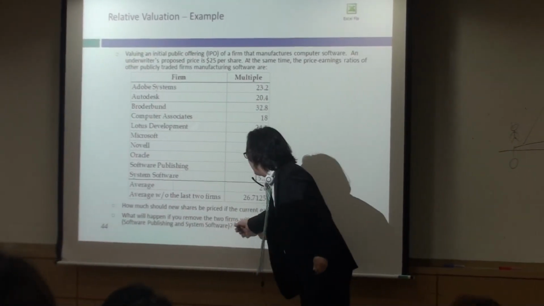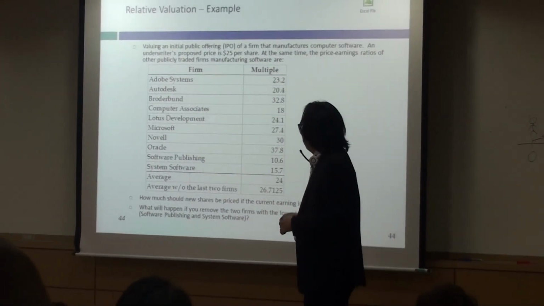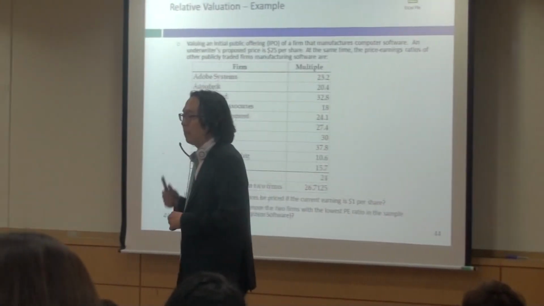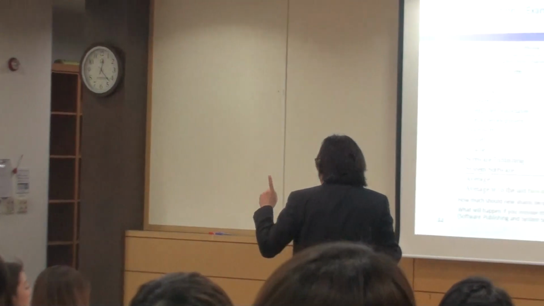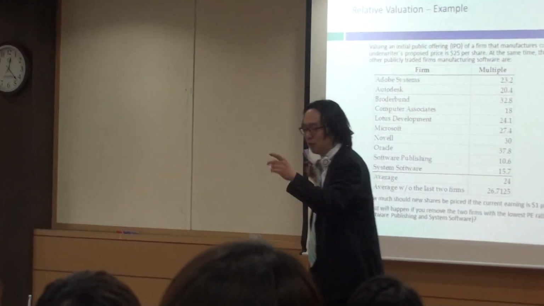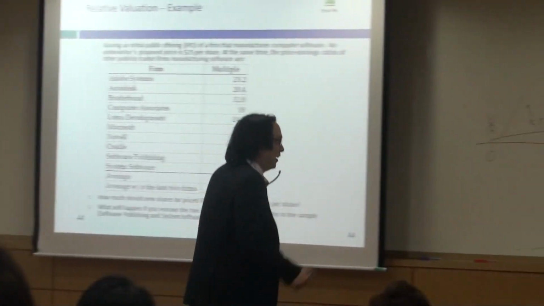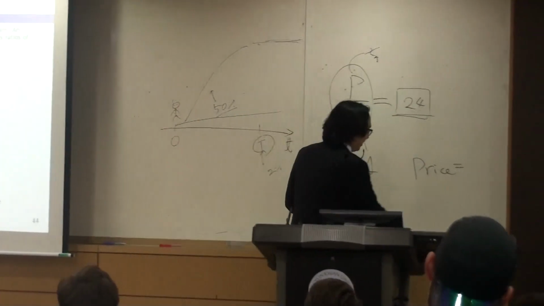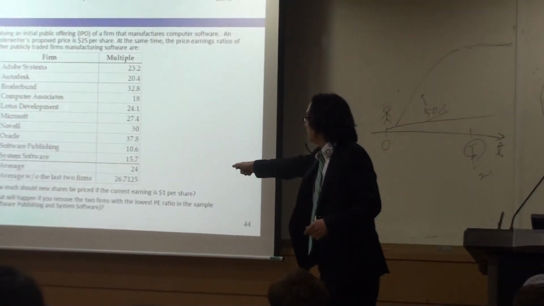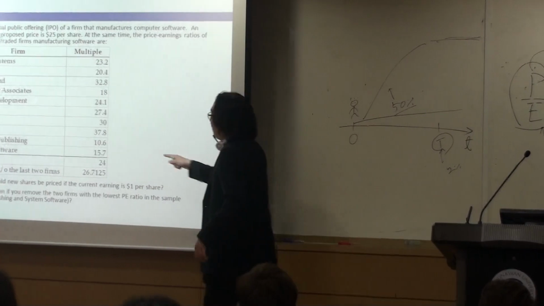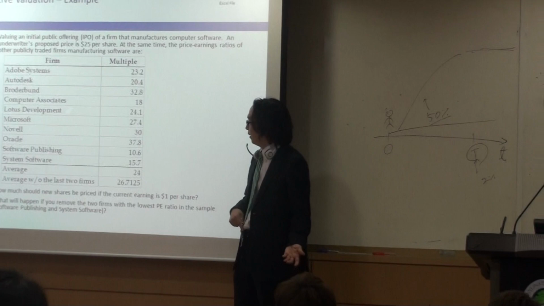The second question is, what will happen if you remove the 2 firms with the lowest PE ratio in the same industry? The average, which was about 24, could be driven by outliers, exceptional things.